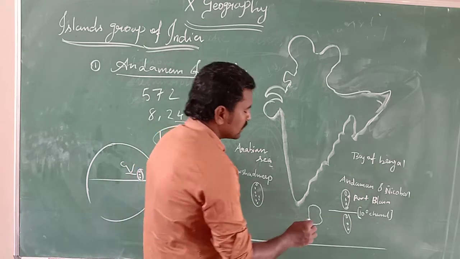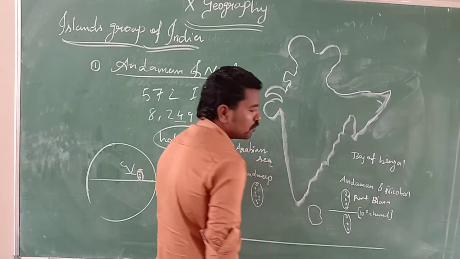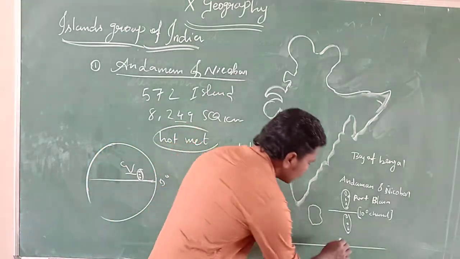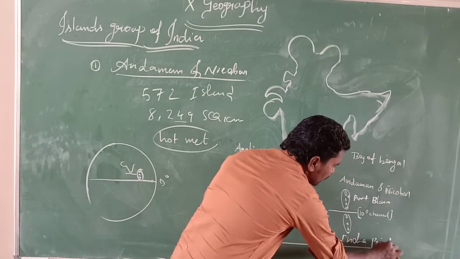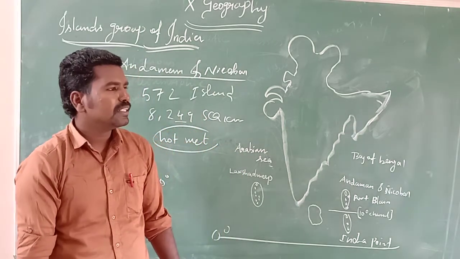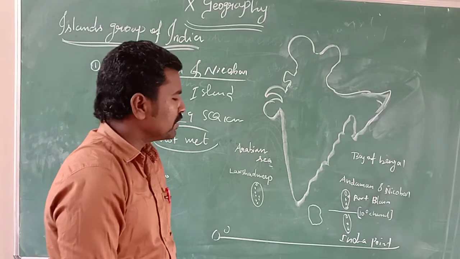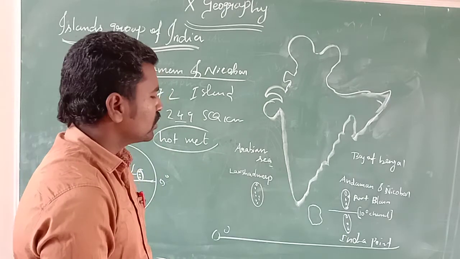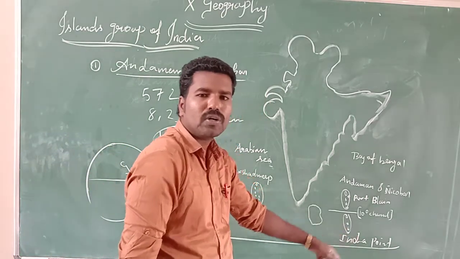And not only that, the southernmost part of the Andaman and Nicobar Islands is called Indira Point. The point was otherwise called Pygmalion Point, and after 1974 it was renamed Indira Point because we honor Madam Indira Gandhi. That's why it is called Indira Point. This point is the southernmost point of India.